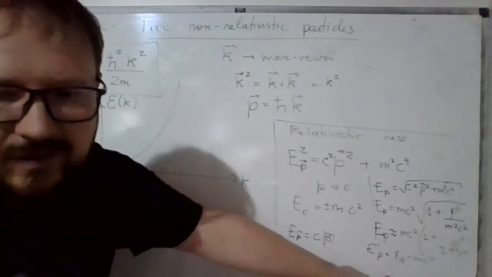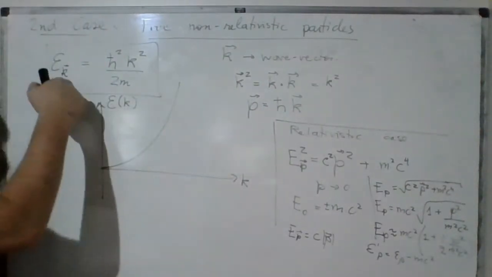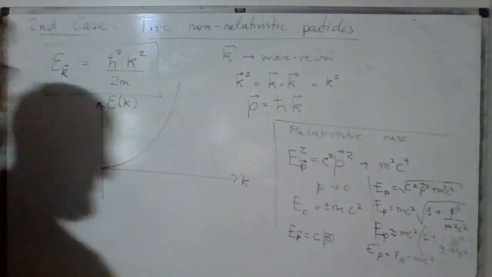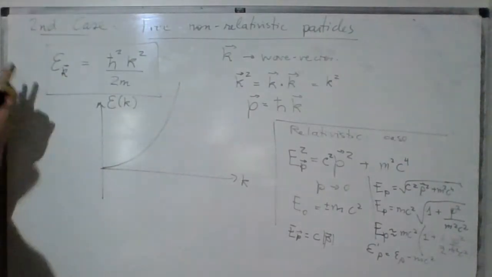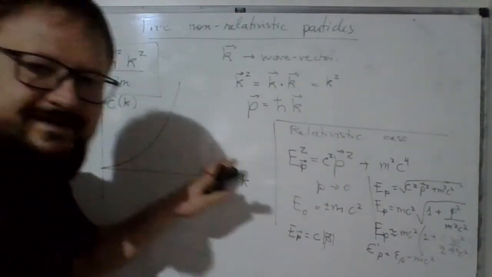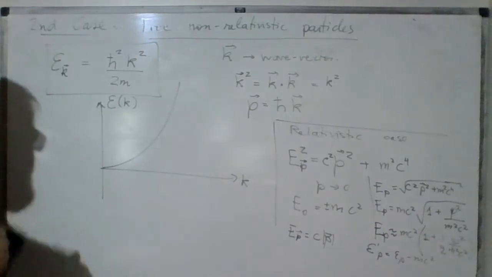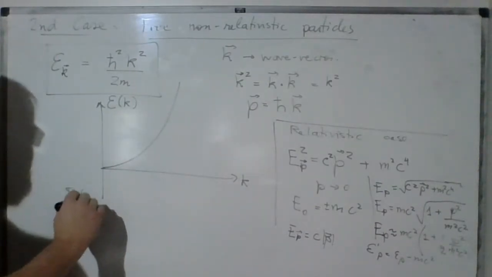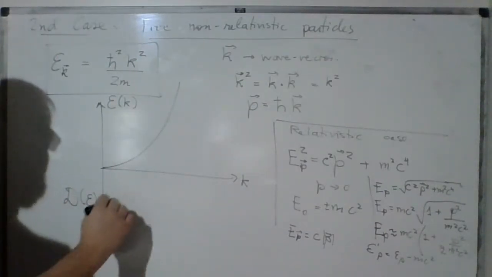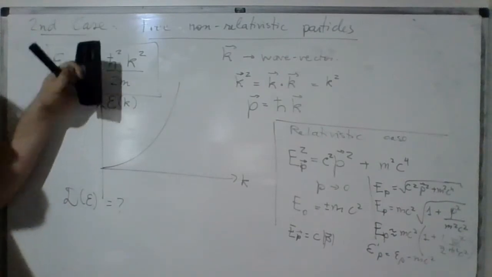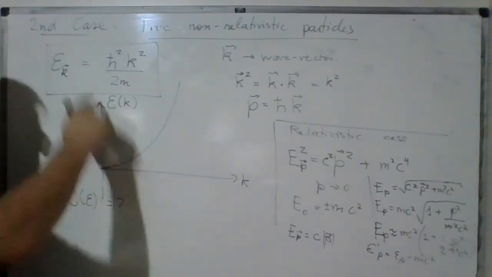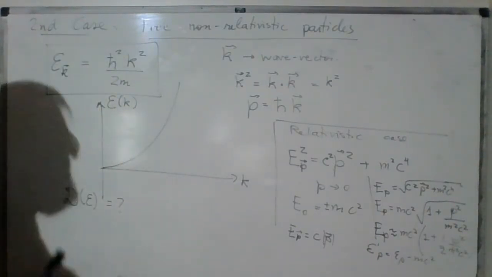This is what we are doing, and we arrive at this problem here. So what we want to do right now is calculate the density of states. What is the density of states in this case?